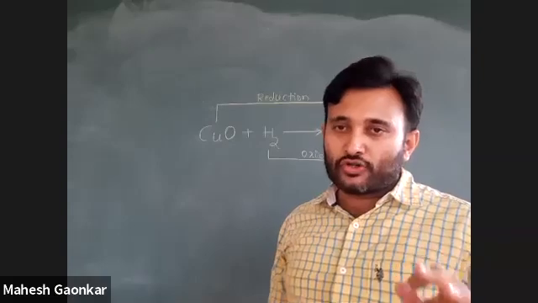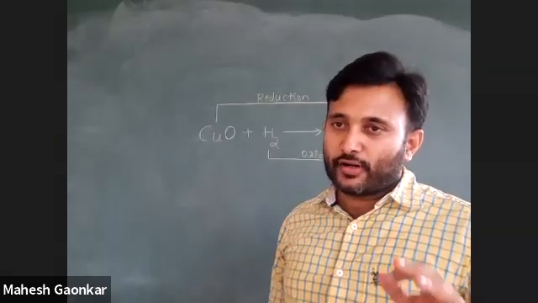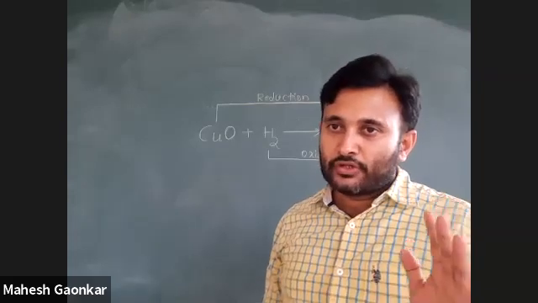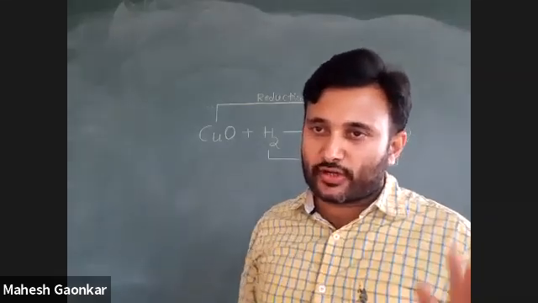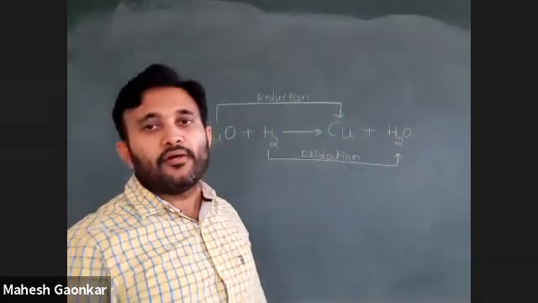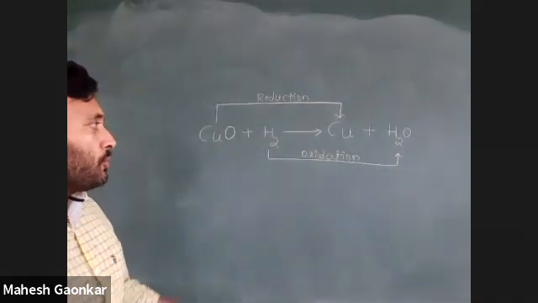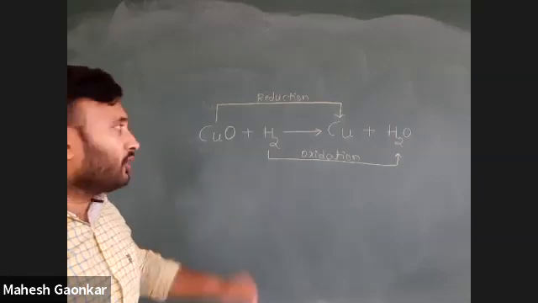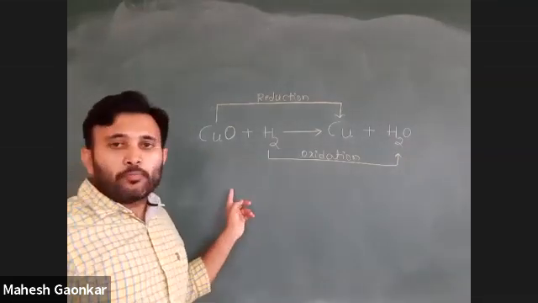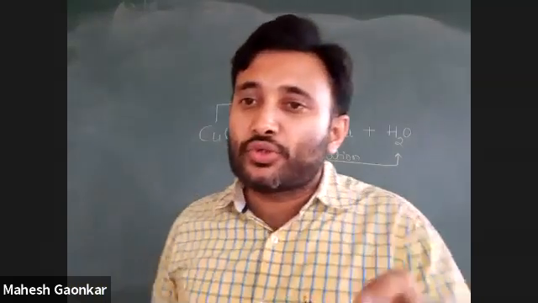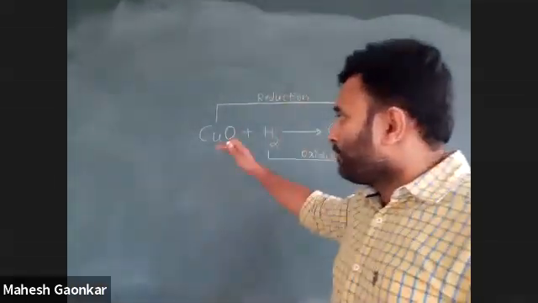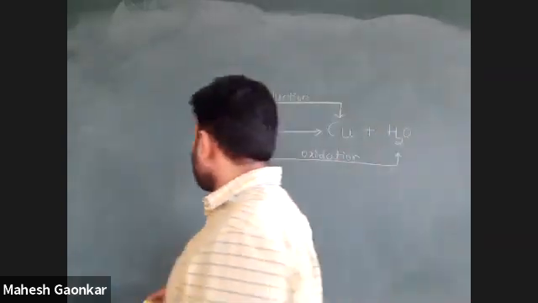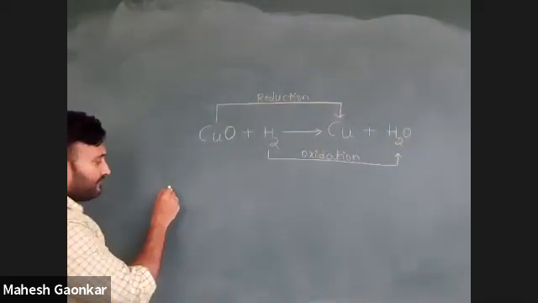Addition of oxygen is oxidation. Removal of oxygen is reduction. This we have discussed yesterday, right? So in this reaction, you can write down: copper oxide is reduced to copper. Below this reaction, write down the first point.